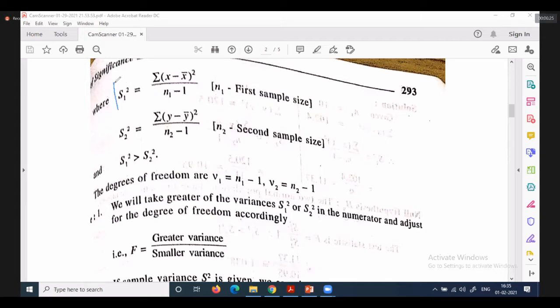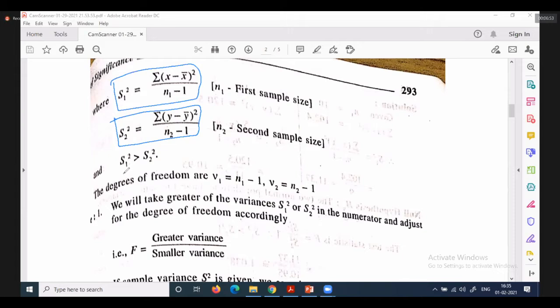Variance S1 square is equal to summation x minus x bar whole square by n1 minus 1, and similarly S2 square is equal to summation y minus y bar whole square by n2 minus 1.